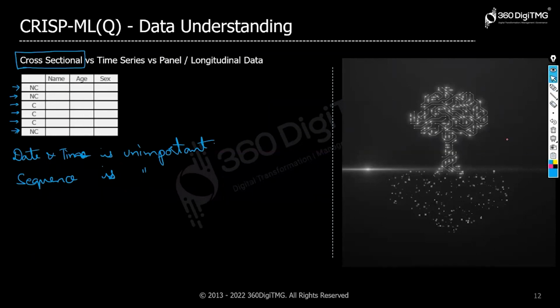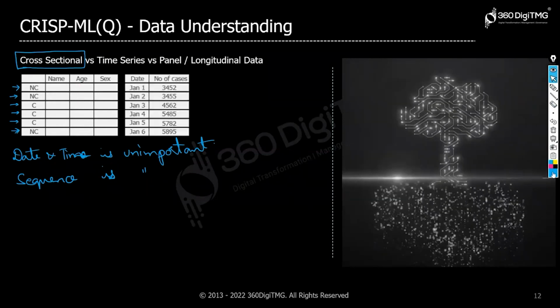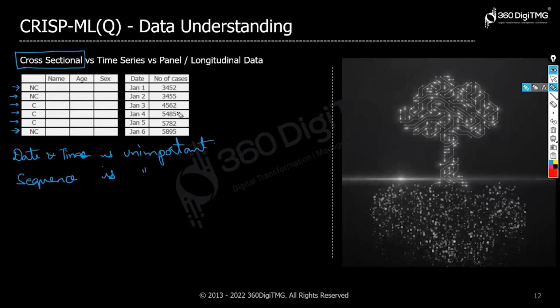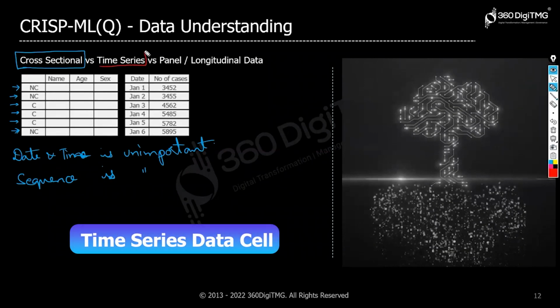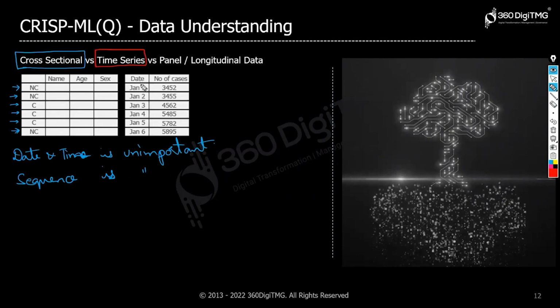Then we have the time series dataset. When it comes to a time series dataset, the date and time and the sequence in which you arrange the data become extremely important, and you'll have only a single variable in your dataset. For example, say you're looking at the number of COVID-19 cases. You need to arrange the data in a sequence: day 1, day 2, day 3, day 4, day 5, day 6.